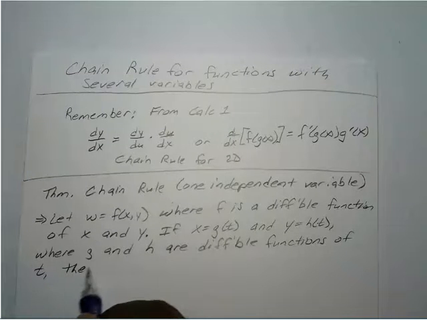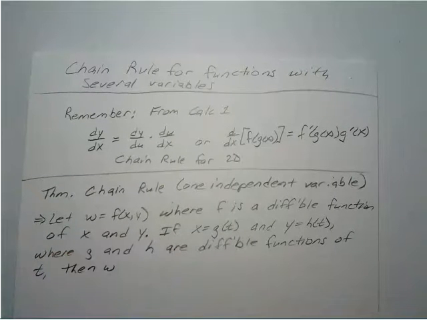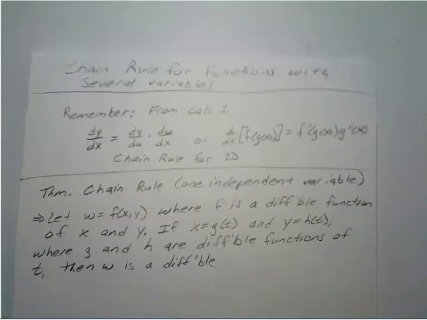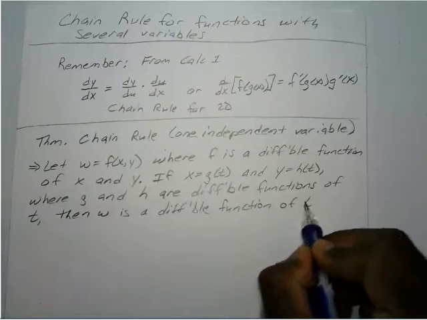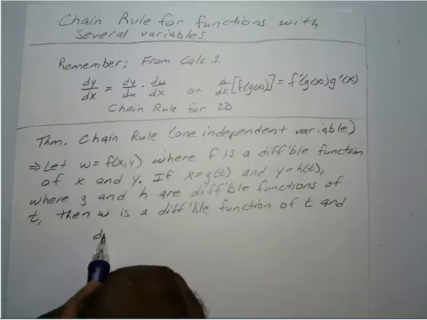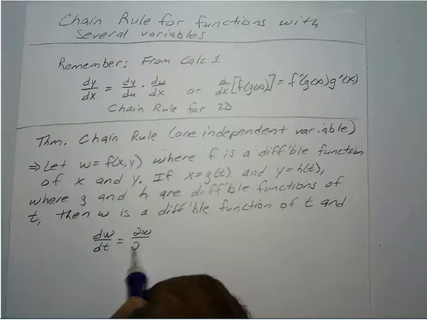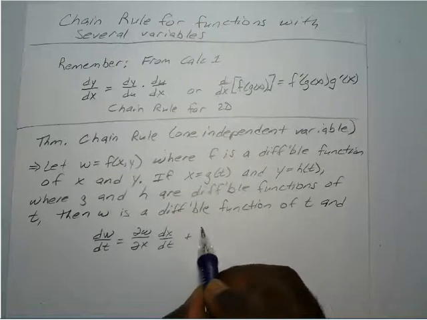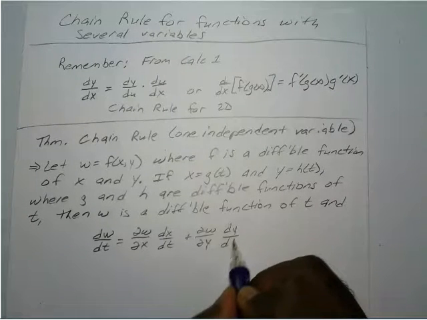If that's the case, then w is a differentiable function of t, and that derivative formula is: the derivative of w with respect to t is equal to the partial derivative of w with respect to x times dx/dt, plus the partial of w with respect to y times dy/dt.